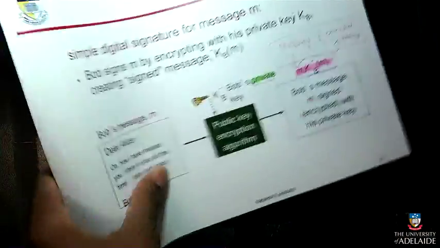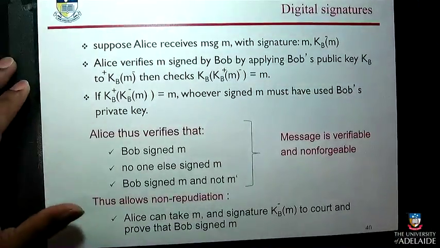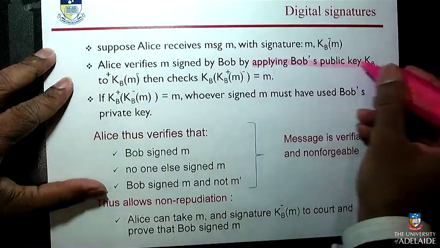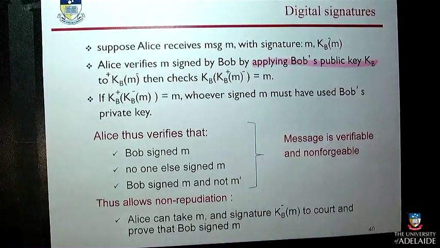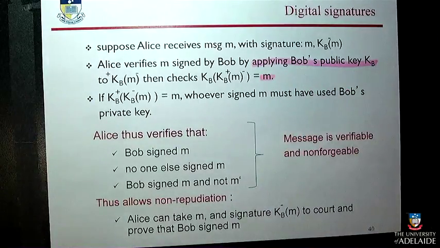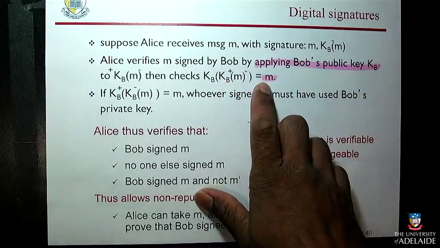Now, if Alice gets the message, all Alice needs to do is apply Bob's public key KB and check that she can recover M. So I take the message I got, decrypt the encrypted version using the public key, and check that the two messages are the same.